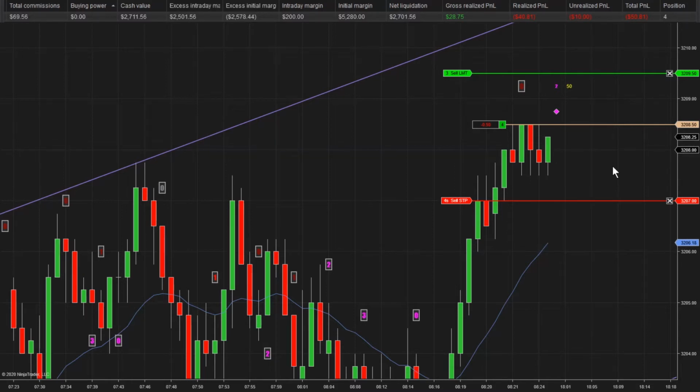Still looking good though. Still looking okay. If I had just waited that one tick above, I wouldn't have to go through all this stress right now. Quint bottom.